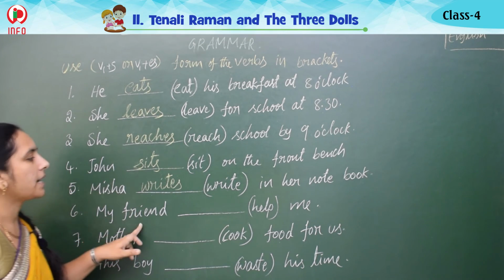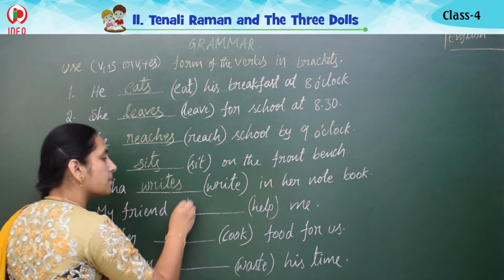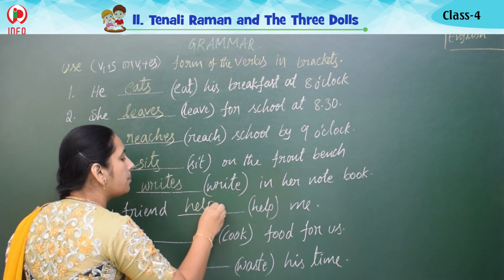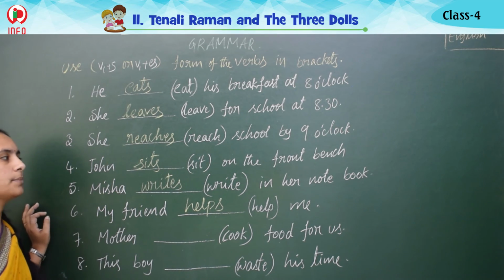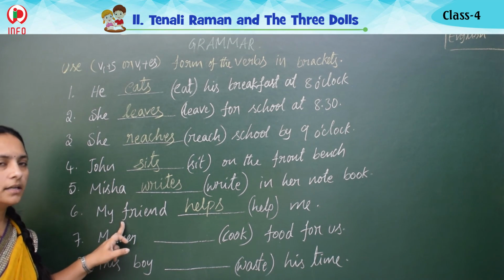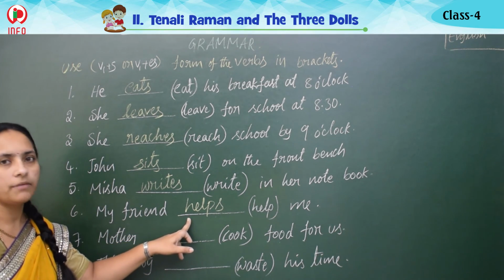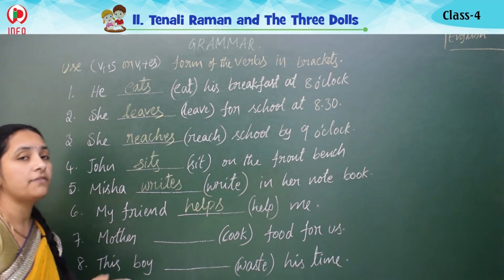Next one, my friend dash help me. For help, helps: H-E-L-P-S. Just S only, not ES. My friend helps me, because here it is singular. So we should write V1S or V1ES. Now mother dash cook food for us.